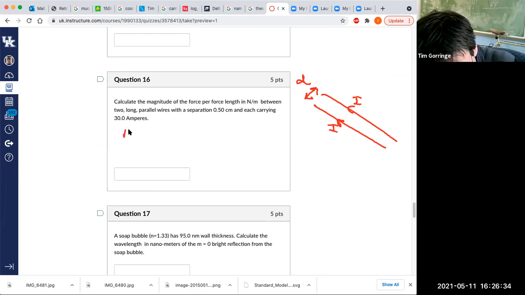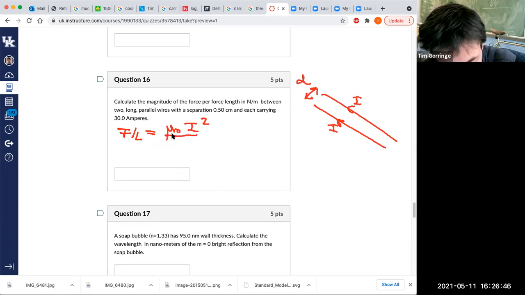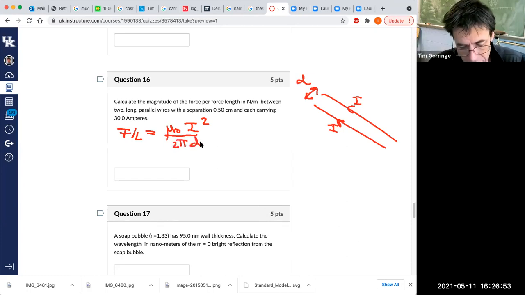Well, the force per unit length, force over length, is mu naught times the product of the two currents, so in this case it's just I squared, divided by 2 pi times the distance between the two current carrying wires.